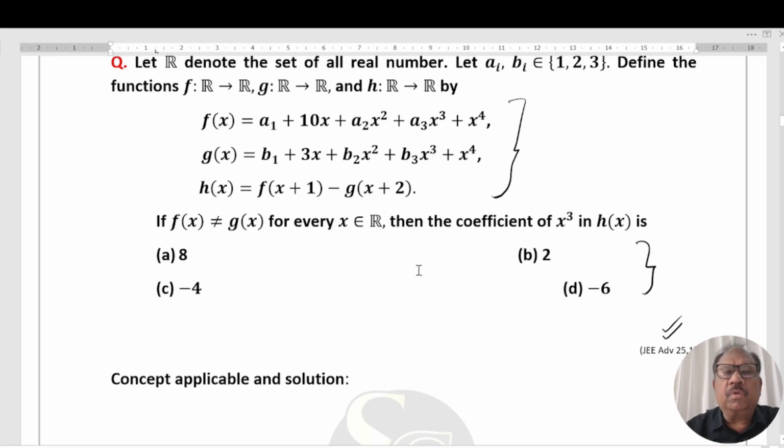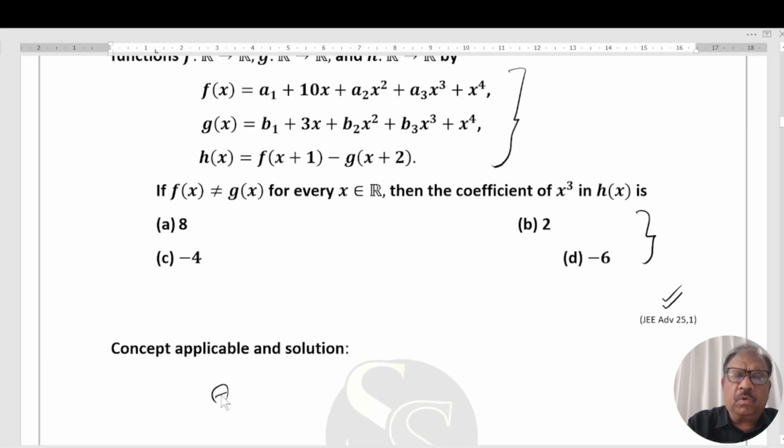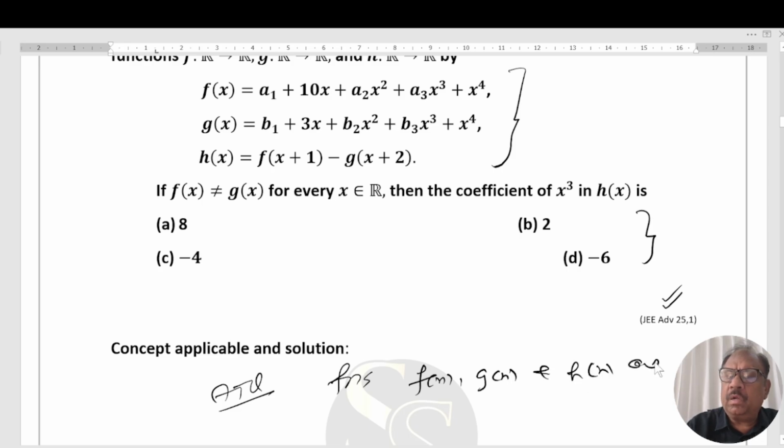Concept applicable in solution. According to the question, functions f(x), g(x) and h(x) are defined over R to R, real numbers.